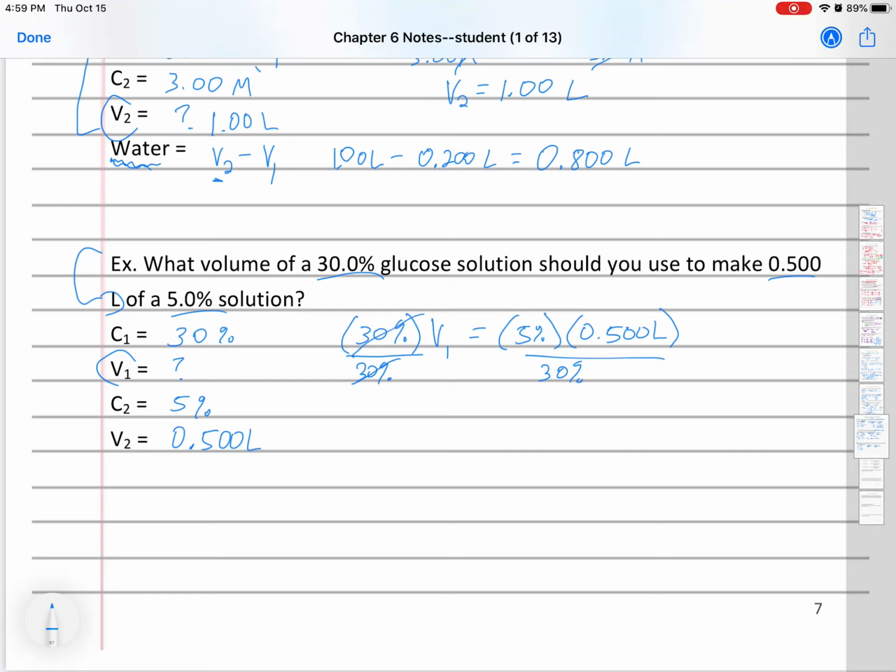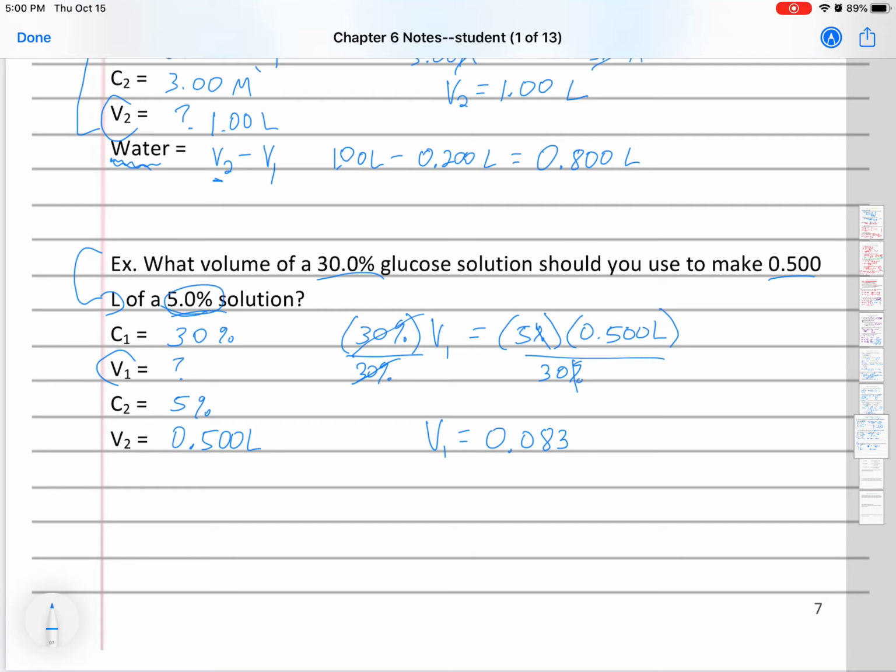And that cancels out, so we can solve for V1. The percents cancel out, so it doesn't matter that we were in percent and not molarity. And 5 times 0.5 divided by 30 equals 0.083.